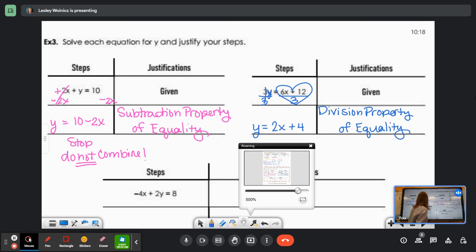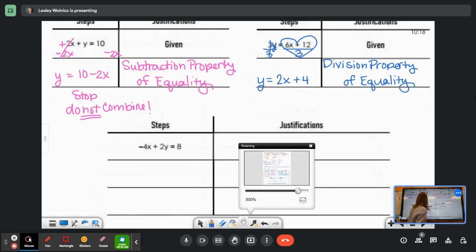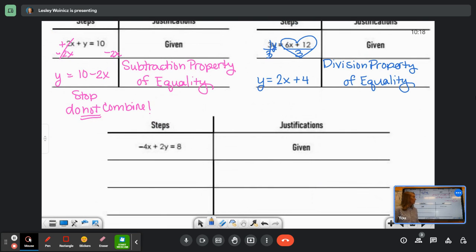All right, look at the last one. Notice that like the first one we did, it's got x's in the front. X is over there with the y. And like the second one we did, it's got a coefficient in front of the variable y. So I'm going to have to do the same kind of thing I did here and the same kind of thing I did on the second problem.